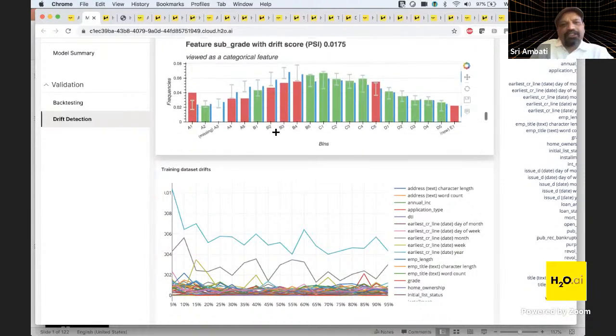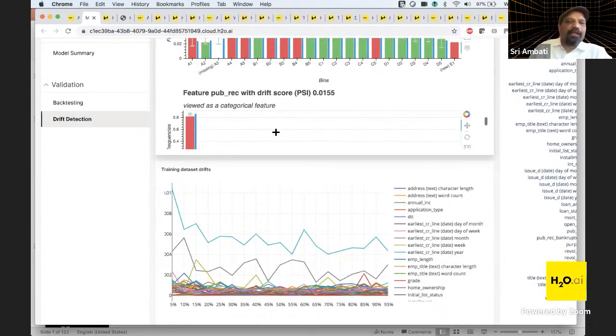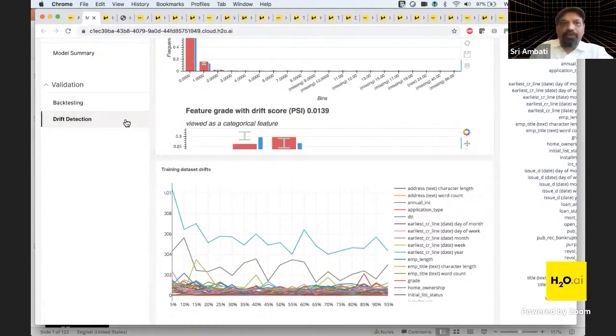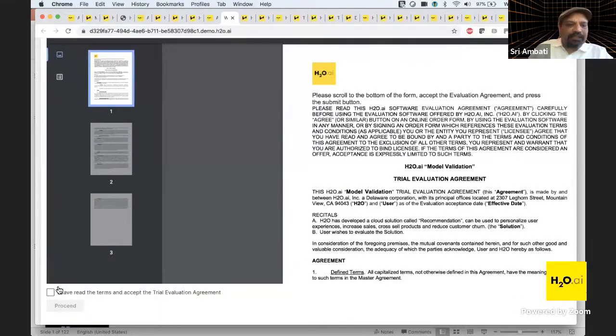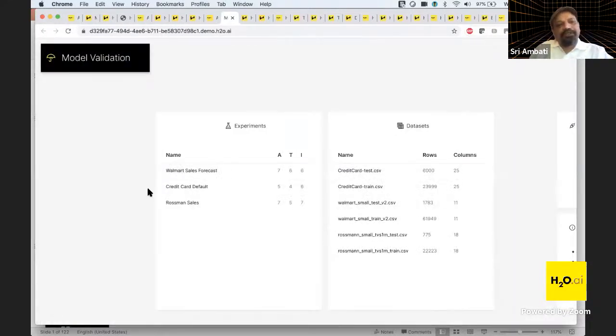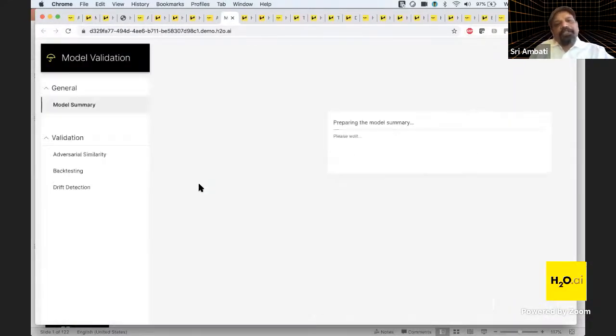Model validation is very different from QA. Monitoring your models, which of course MOJOs are a very, very powerful way to do, allows you to drive that same level of adoption across your enterprise.